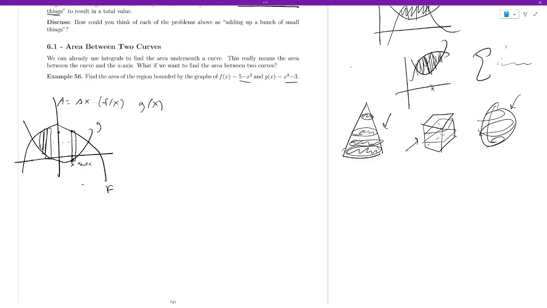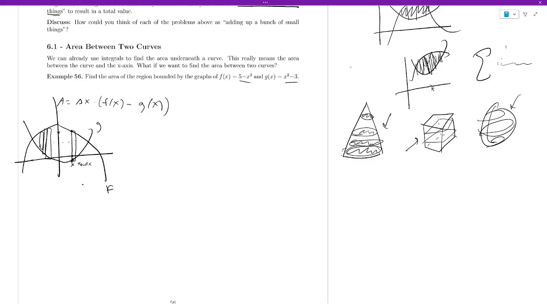So what's the distance from the bottom one up to the top one? It's the top one minus the bottom one, right? 10 minus 7 is 3, so it's 3 to get from 7 up to 10. So this is the distance between the top function and the bottom function.